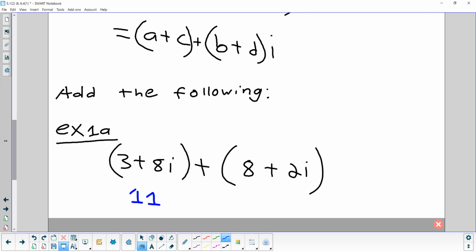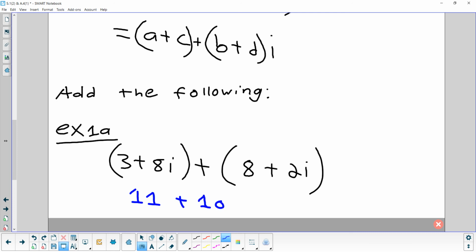And the imaginary part of the first one is 8. Imaginary part of the second one is 2. What do we get if we add 8i plus 2i? 11 plus 10i.